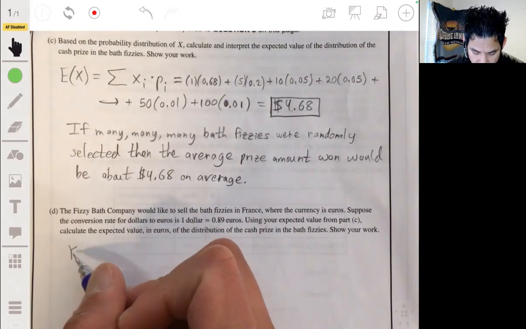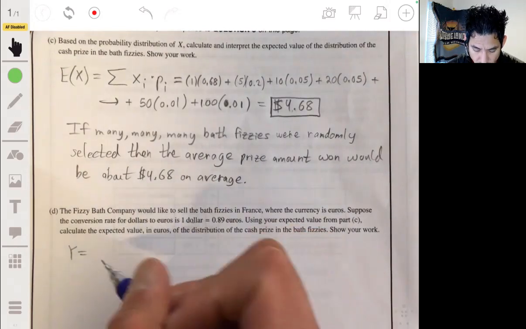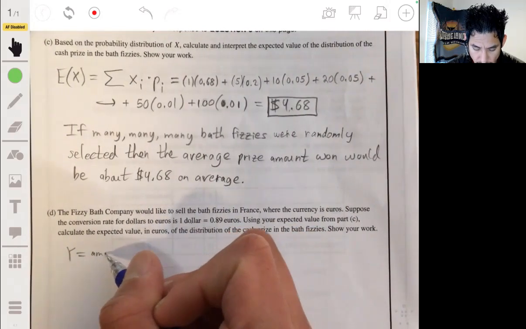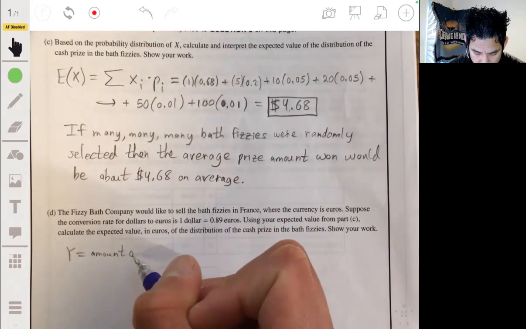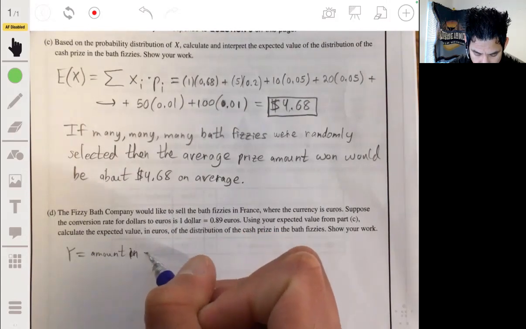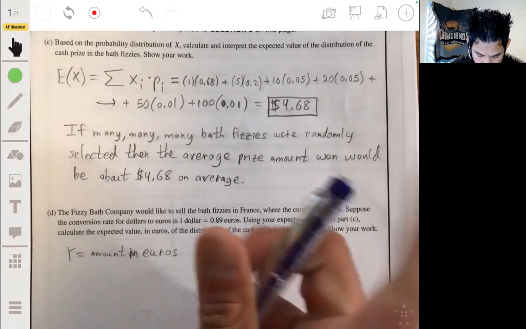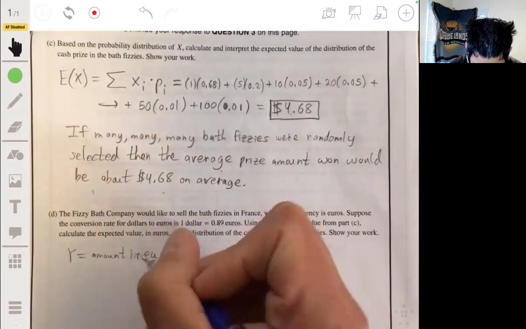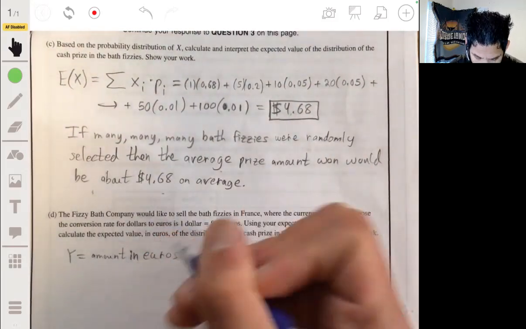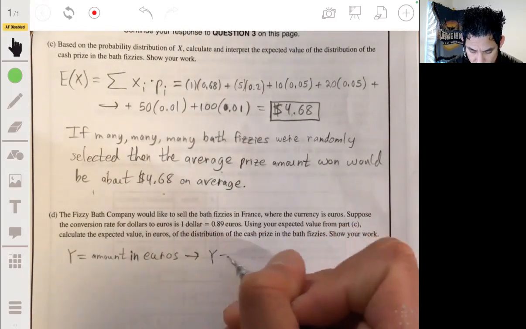let's put Y equals the amount in euros. Then Y is equal to 0.89X.